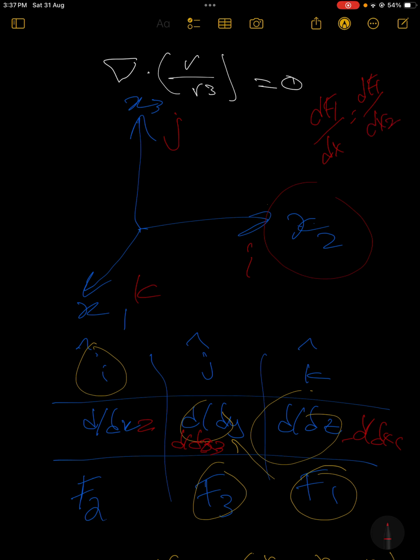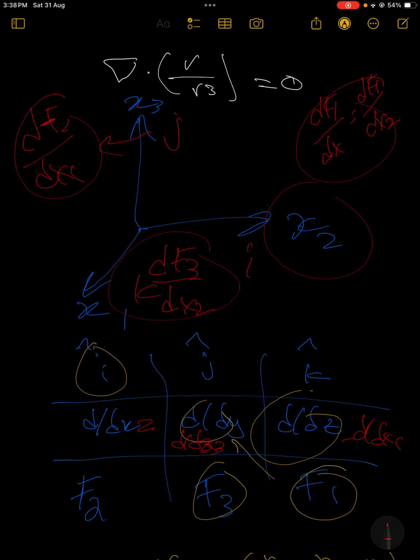If we're going to make it for the k, it will be df3 divided by dx2, okay, and j will be df2 divided by dx1.